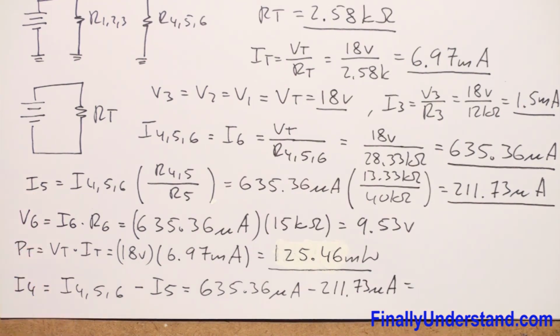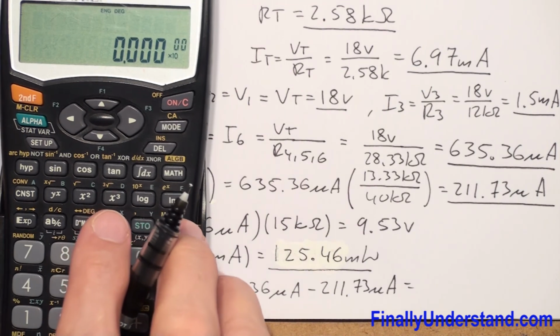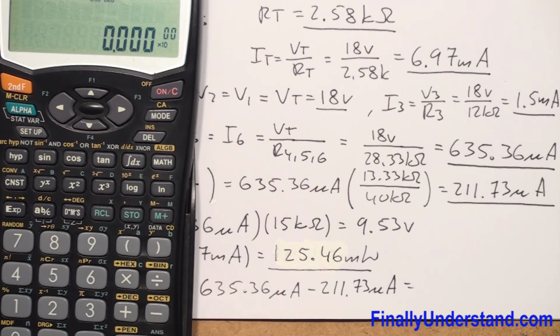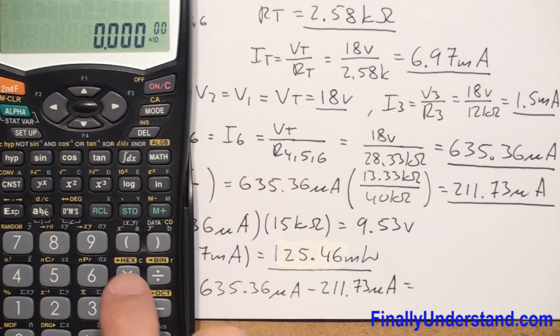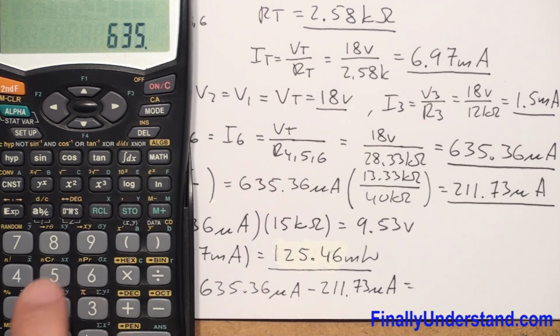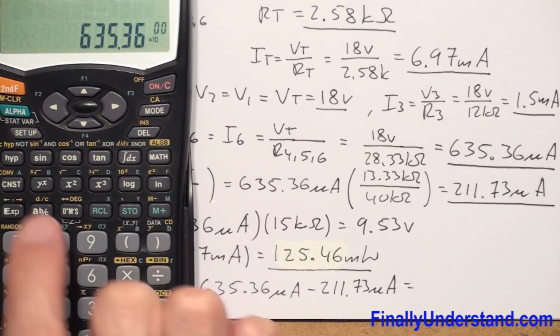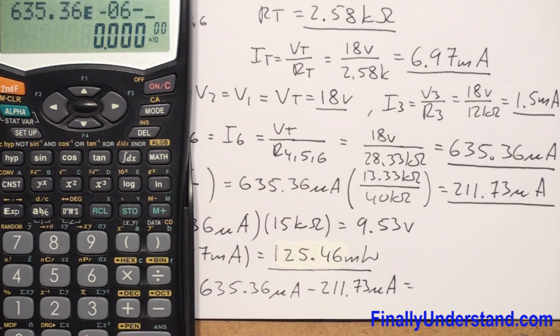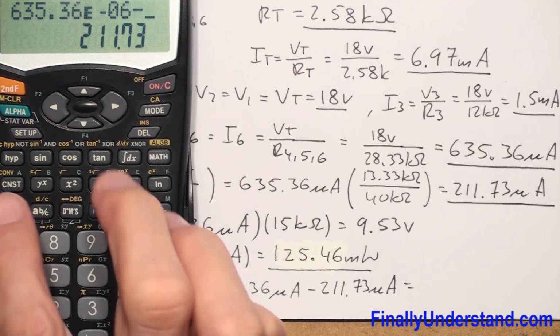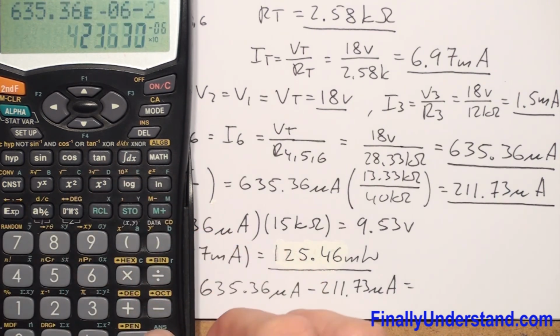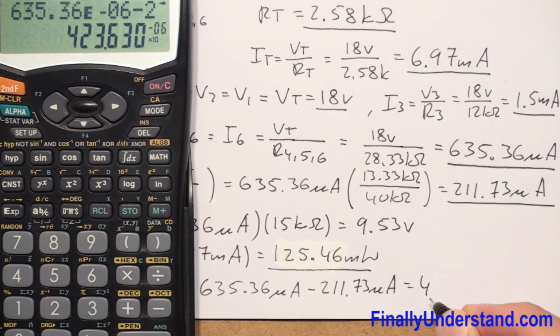So we have 635.36 exponent negative 6 minus 211.73 exponent negative 6, which equals 423.63 microamps.